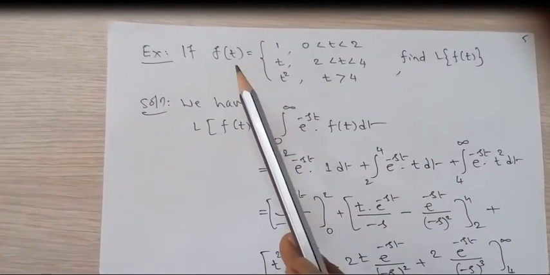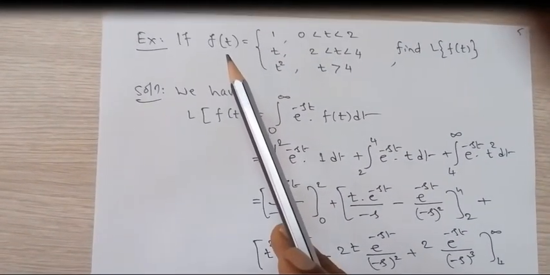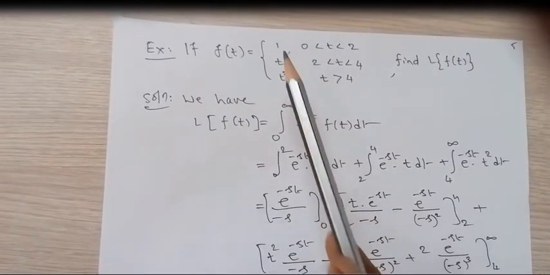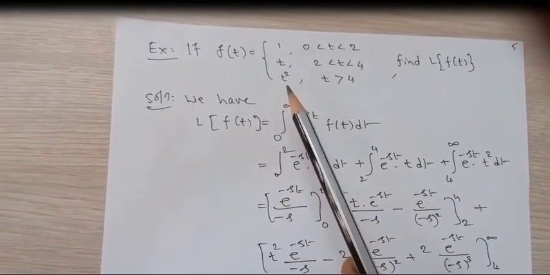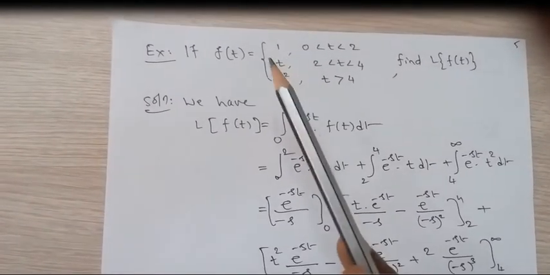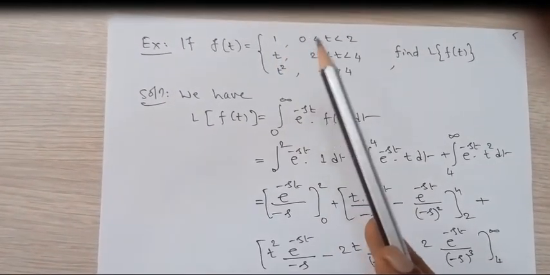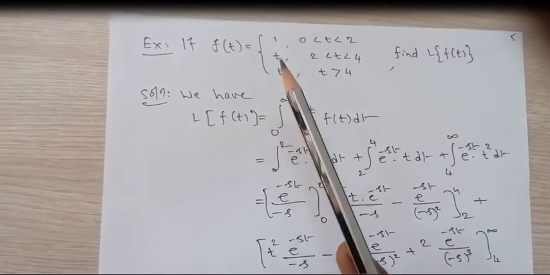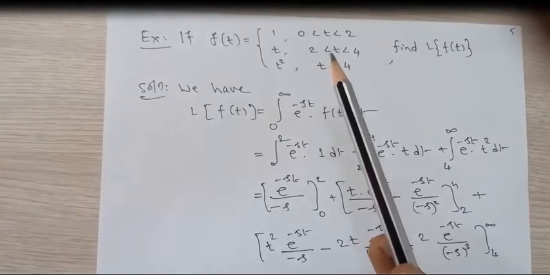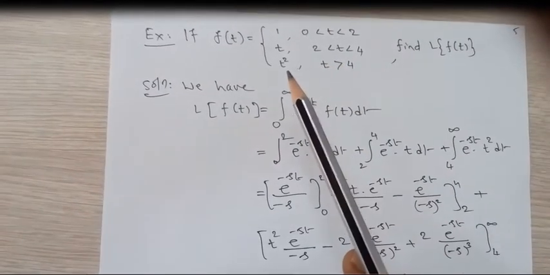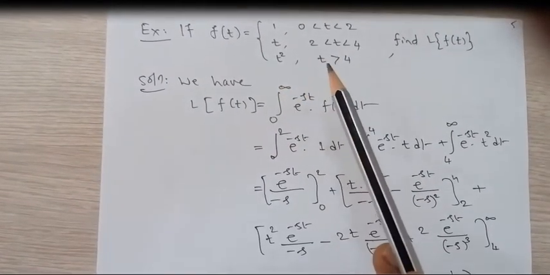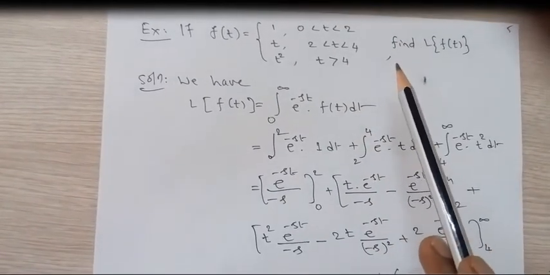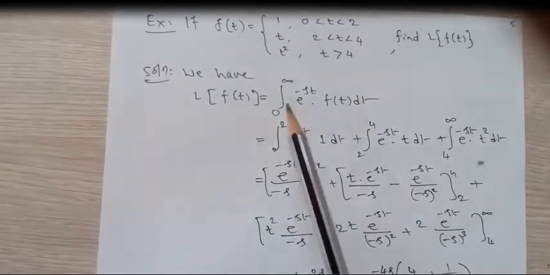In this, the object function or input function is defined by 3 functions: f of t equal to 1, f of t equal to t, f of t equal to t square. F of t equal to 1 is defined for the interval 0 to 2, f of t equal to t is defined for the interval 2 to 4, and f of t equal to t square is defined for 4 to infinity. T greater than 4 means 4 to infinity, and we find L of f of t.